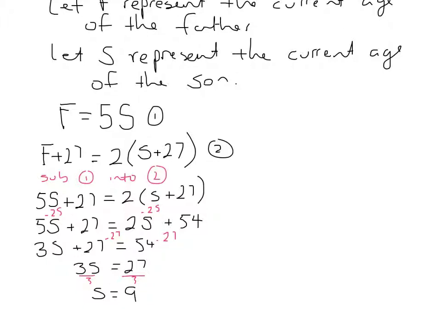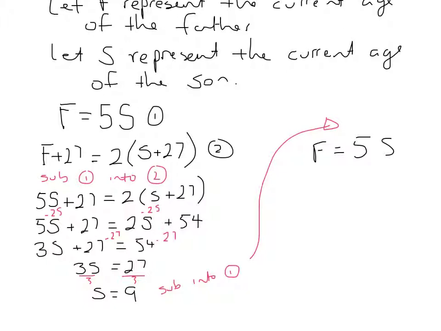What we then do is we want to sub that into the first equation, which we'll do this up here. So we have the father is equal to 5 times the son's age.